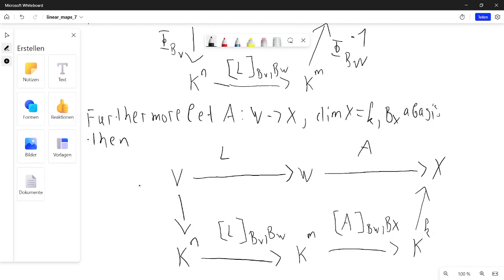Here, of course, this is the coordinate map, right? What else? Phi BV, phi BX minus 1, of course, the other direction. Here, of course, we could also go like that if you like. So you see, you can play around with this if you like, whatever way you see fit.